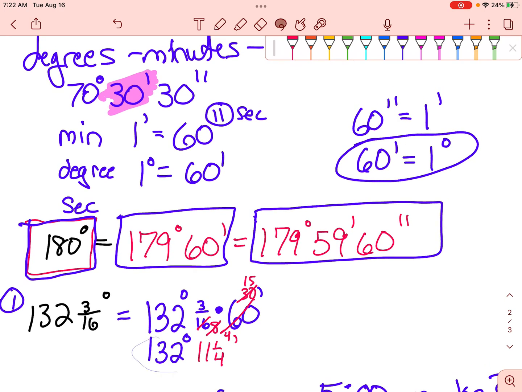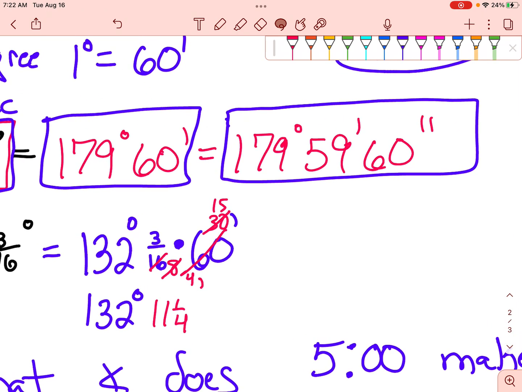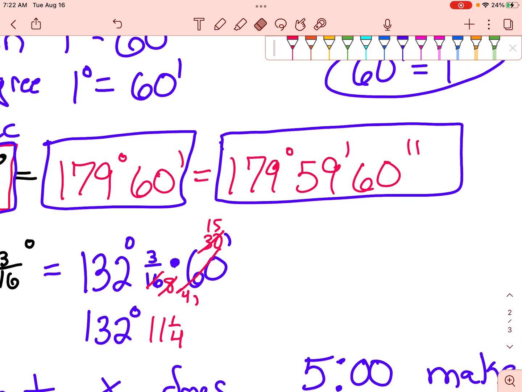Okay, and again, I'm assuming you are using a calculator, so make sure you can use your calculator and multiply 3/16 times 60, and you should come up with 11 and 1/4 minutes. Now, I don't like the 1/4 of a minute, and some of you might know, oh, it's 1/4 of a minute, so I know that's 15 seconds.